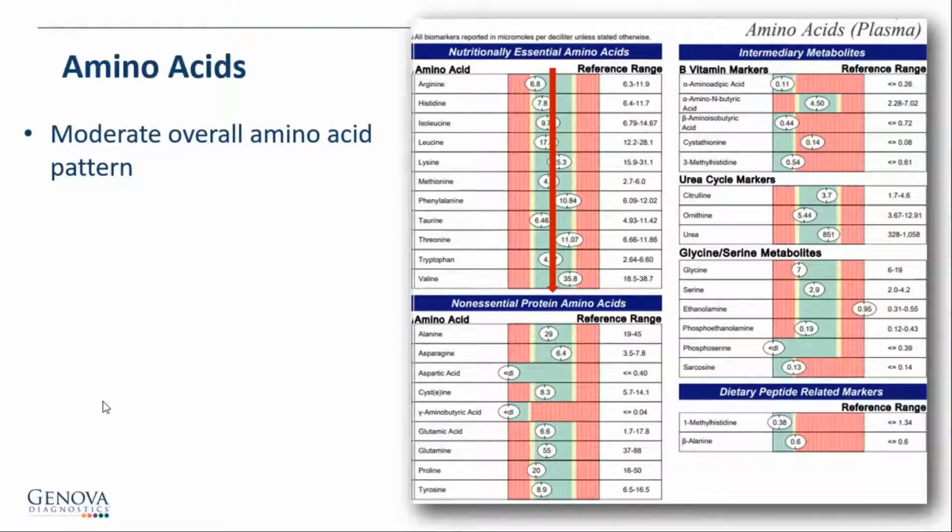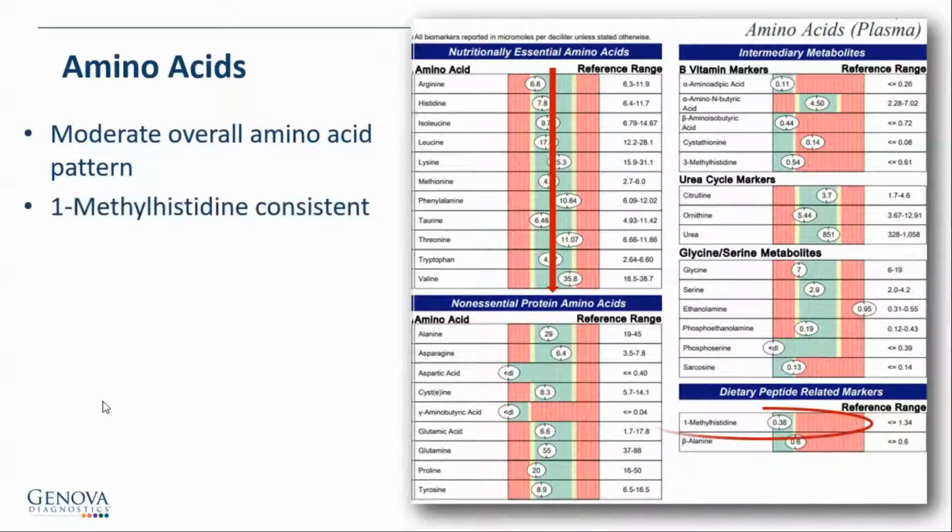And then the question becomes, if it's moderate, are they eating a moderate amino acid diet, which means they're doing well, or even a low protein diet, which means they're doing very well? But what if they're on a paleo, high protein diet? I would expect these numbers to be shifted to the right. So the question again, if I have a moderately nutritionally essential amino acids pattern, what's the dietary intake like?